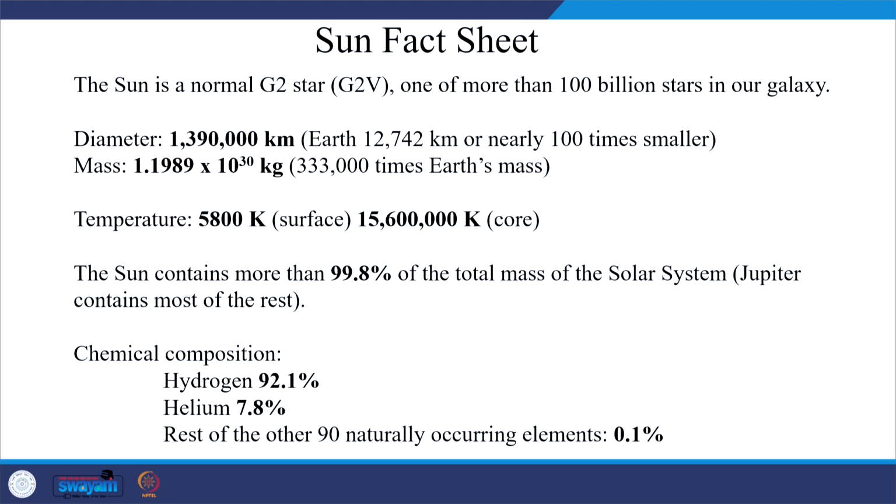So it's impossible for you to send any man-made equipment that can carry out measurements and tell you that the sun's mass is this much, or the sun's diameter is this much, or the sun's chemical composition is going to be like this. It's not possible, right?